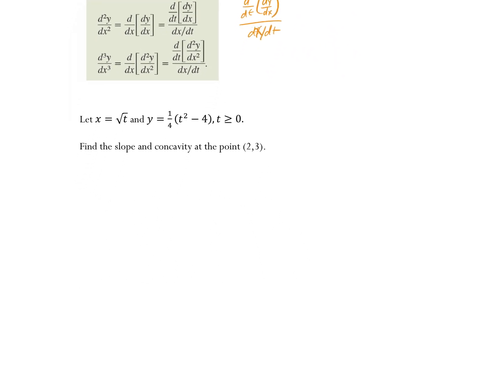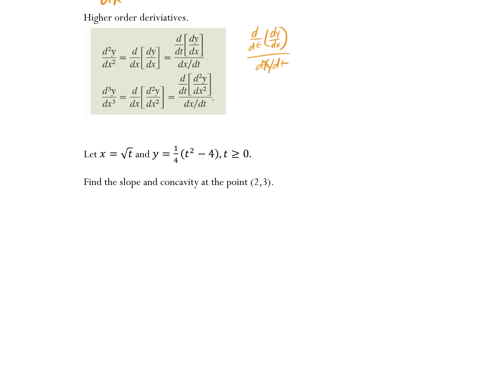We're asked to find the slope and the concavity of this set of parametric equations at the point (2, 3). To find the slope, we're going to find dy/dt by taking the derivative of that first equation.